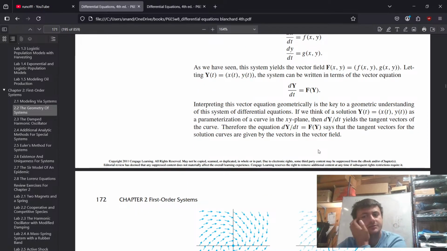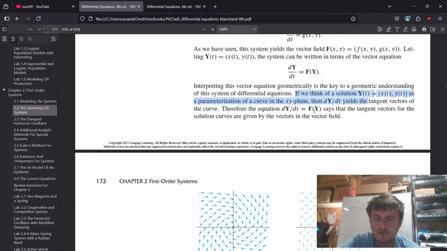If we think of a solution as a parametrized curve, dy/dt yields tangent vectors of the curve.